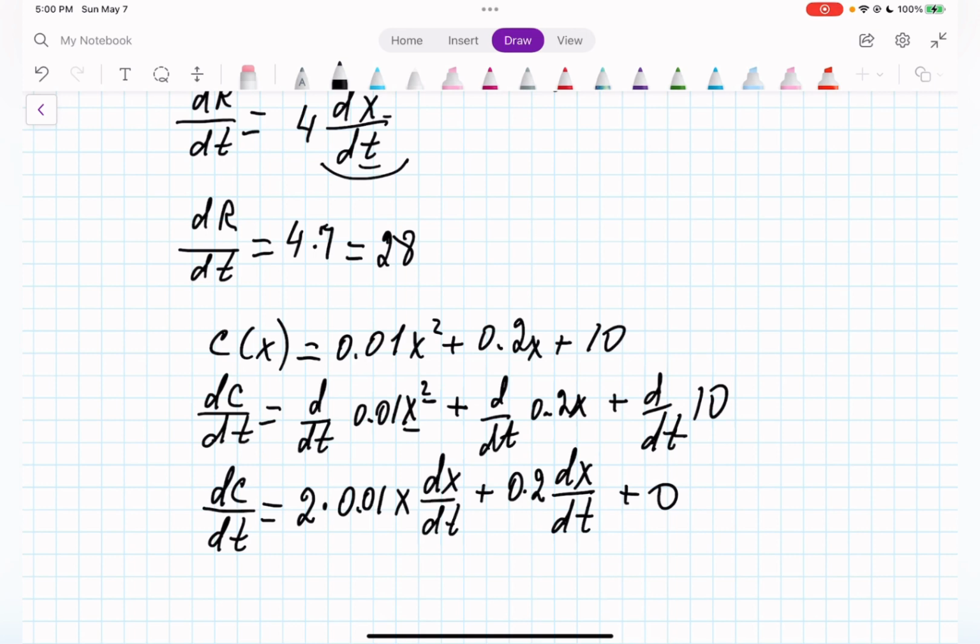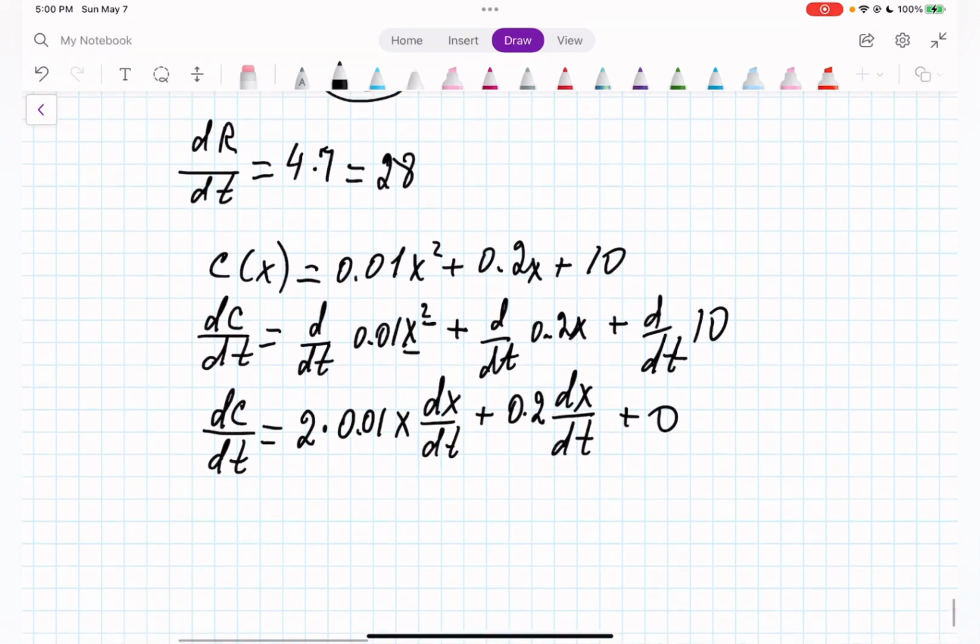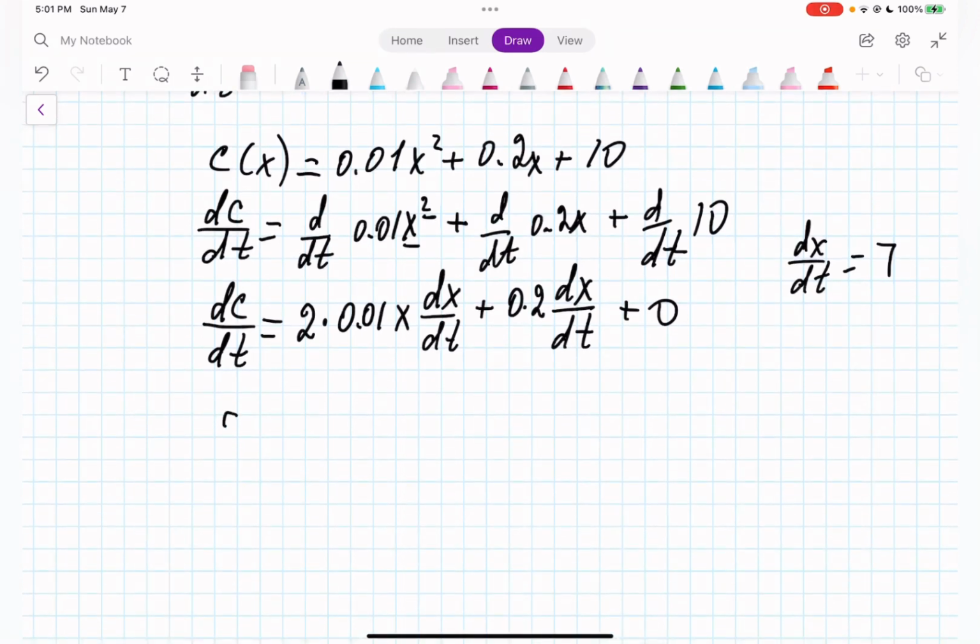From here we know dx by dt is 7. Everywhere I'm going to plug in 7. So dc by dt is 0.02 x times 7.